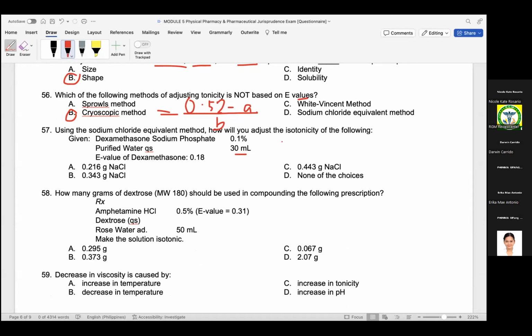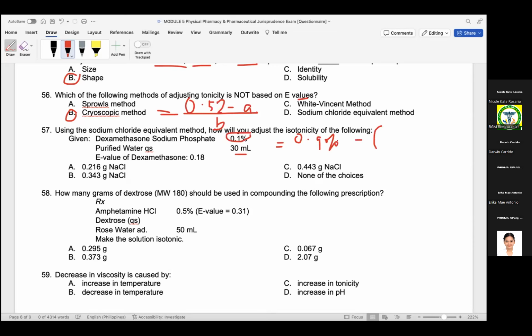Yung shortcut na formula is 0.9% minus the percentage of the drug times its E-value. But ang assumption natin dito, 100 ml ang volume. So, let's compute for the percentage of sodium chloride.